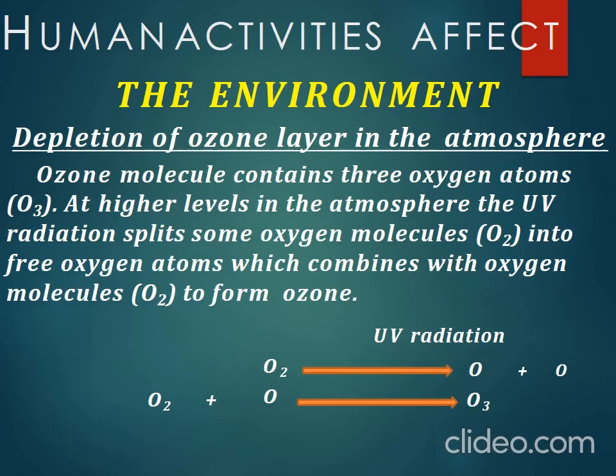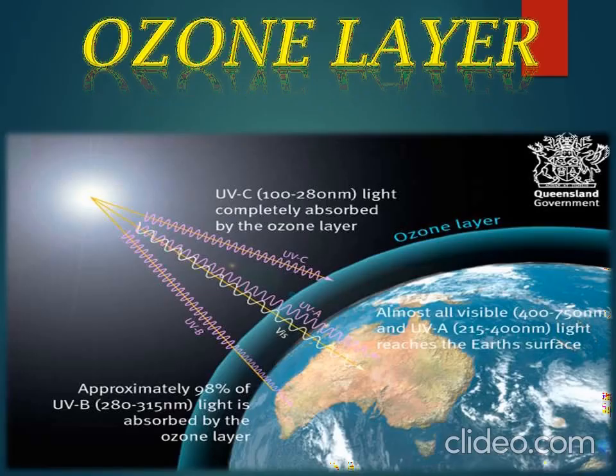Now, as we know, the ozone layer is present in the upper layer of our atmosphere, the stratosphere, right? Now what is happening in our upper stratosphere is that the pollution level is increasing, and this layer is getting depleted.